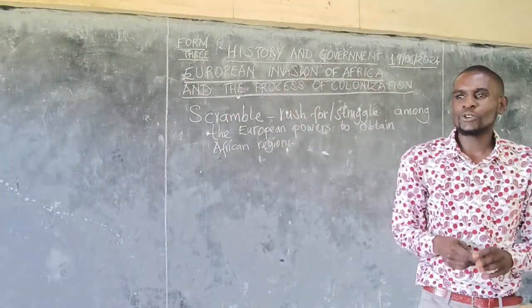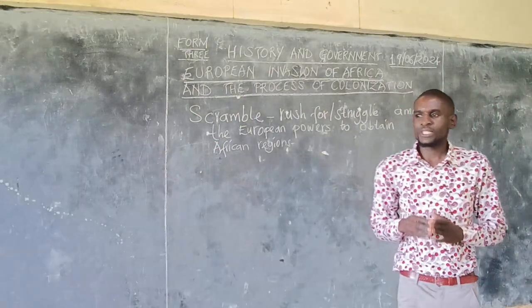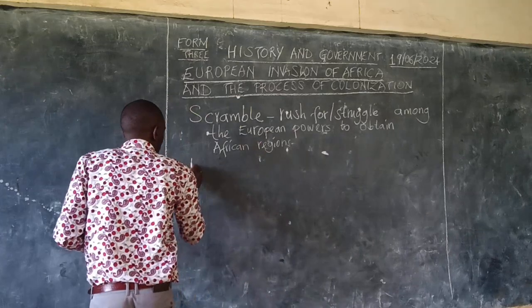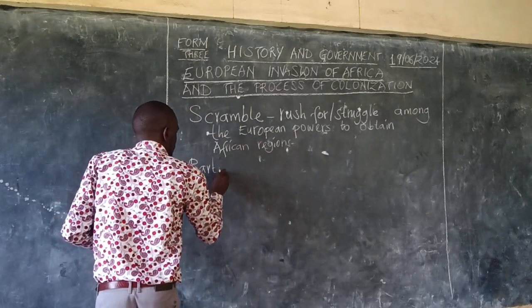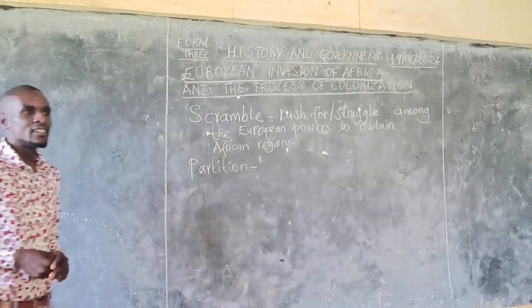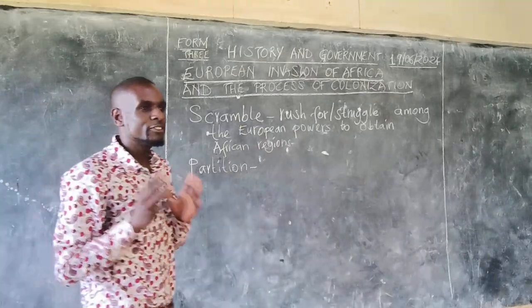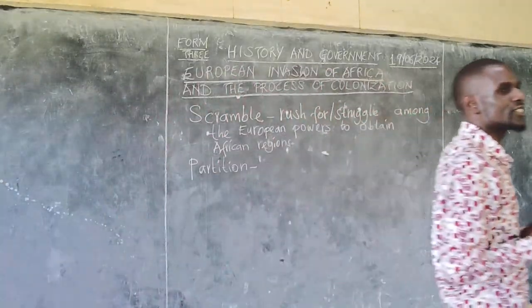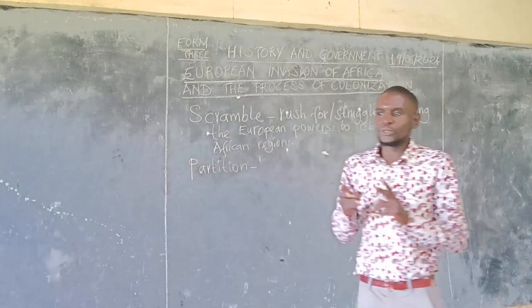Now, let's move forward and look at the other definition, which is partition. Partition was the dividing or the sharing of African regions amongst the European powers.